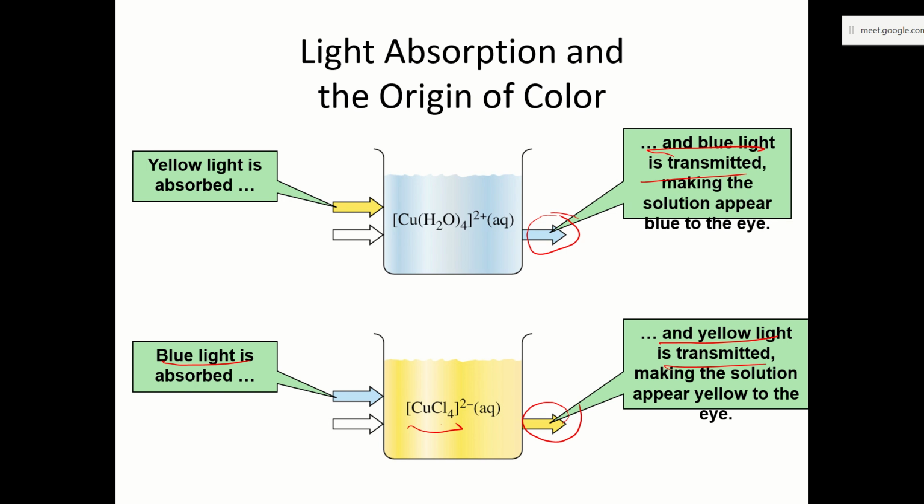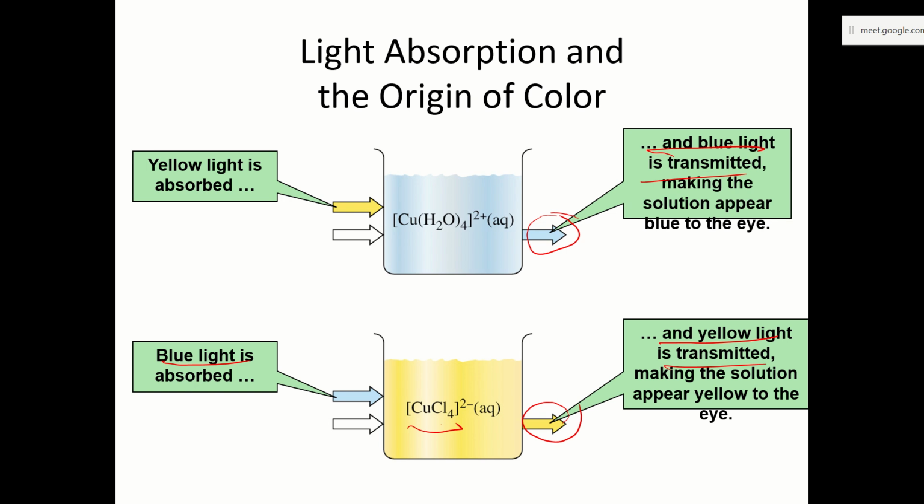The same thing, this was in transmission, when the observer is on this side of the beaker or test tube and the solution is kept here. If it is opaque, like copper sulfate powder that you are putting on a surface, it will appear blue. In that case, you are looking at the scattered light.